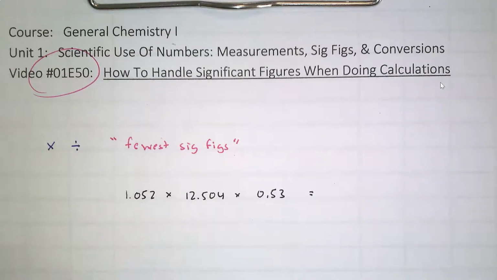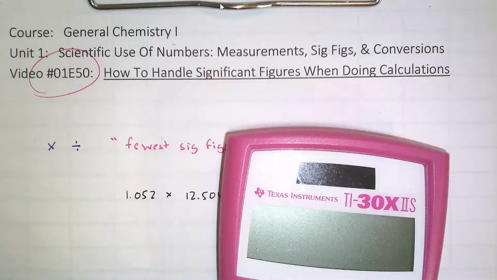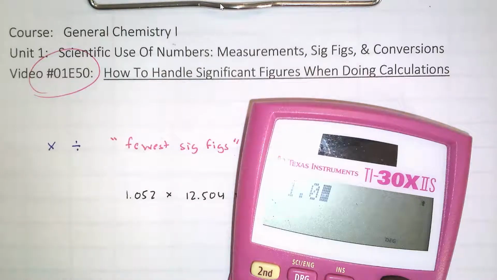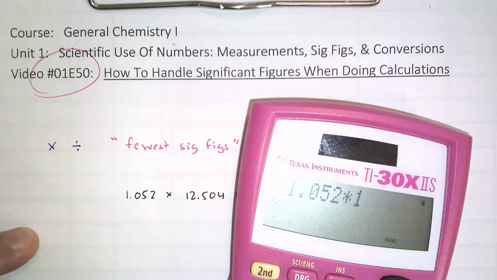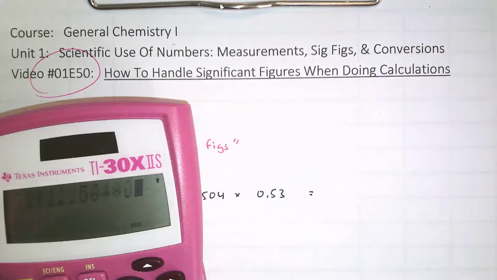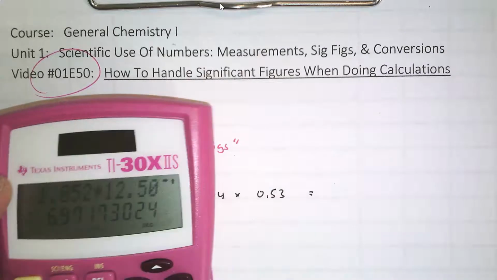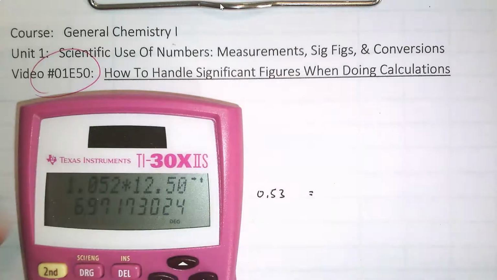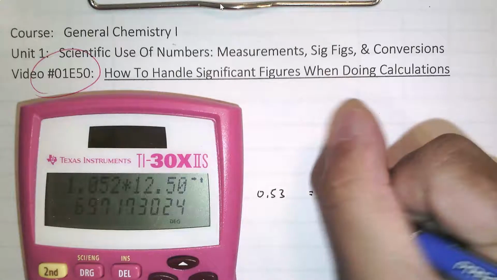Before we take a look at the number of sig figs for each of these values, why don't we just simply punch these numbers in our calculator and jot down the answer that has more significant figures than necessary. So we could think of it as maybe the unrounded form. 1.052 times 12.504 times 0.53. Unrounded, we're not going to write all those digits, but we'll go pretty far.